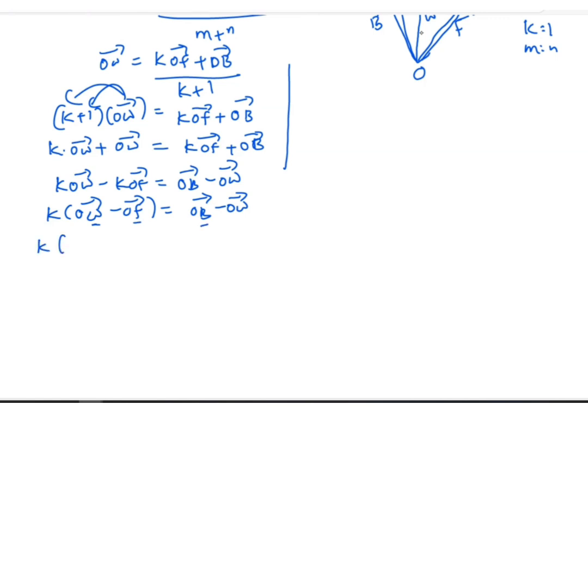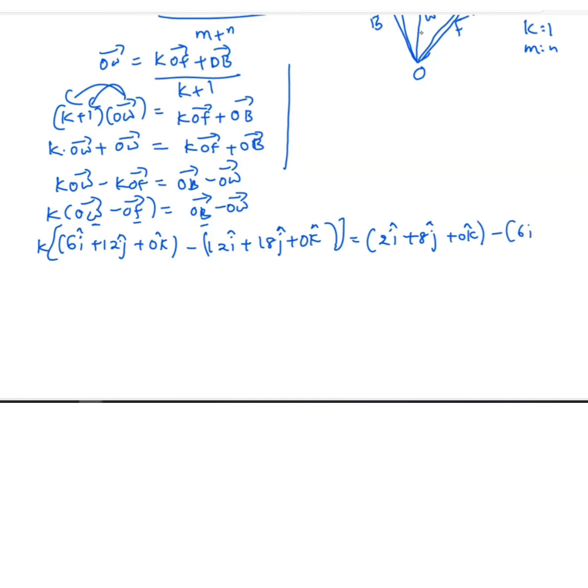Writing the vector values, K into 6i cap plus 12j cap plus 0k cap minus 12i cap plus 18j cap plus 0k cap equals 2i cap plus 8j cap plus 0k cap minus 6i cap plus 12j cap plus 0k cap.